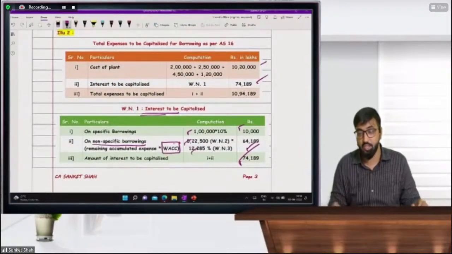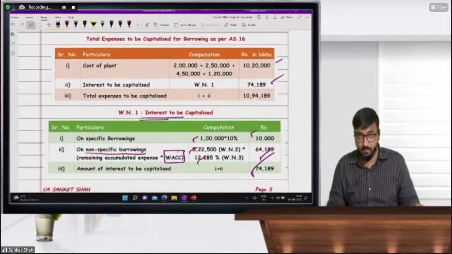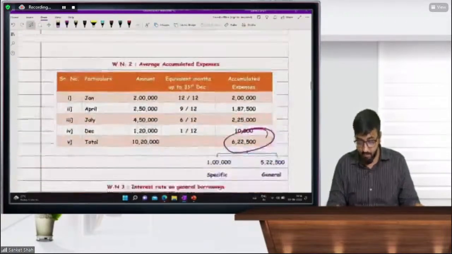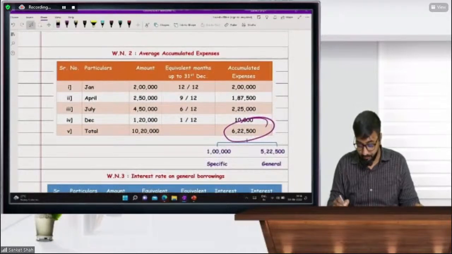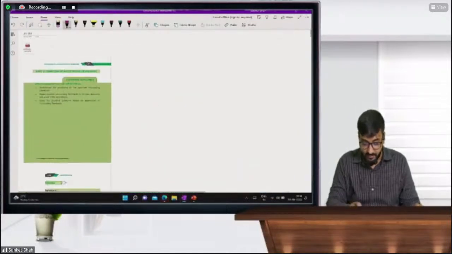This question was there in the last paper. Same question, a 5 marks question. One more time: first calculate accumulated expenses.